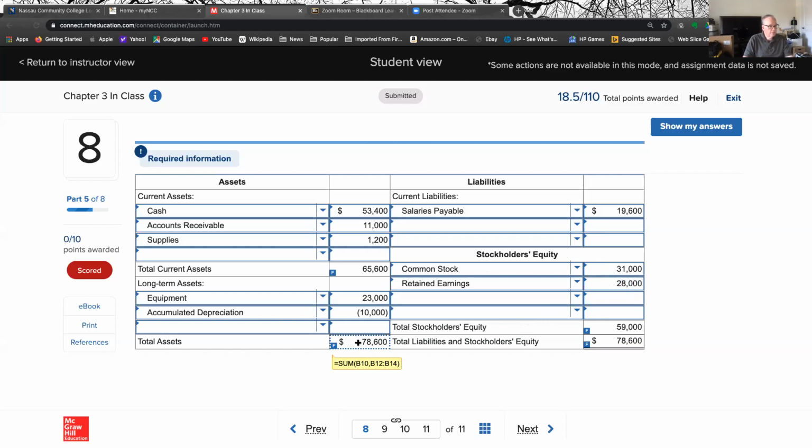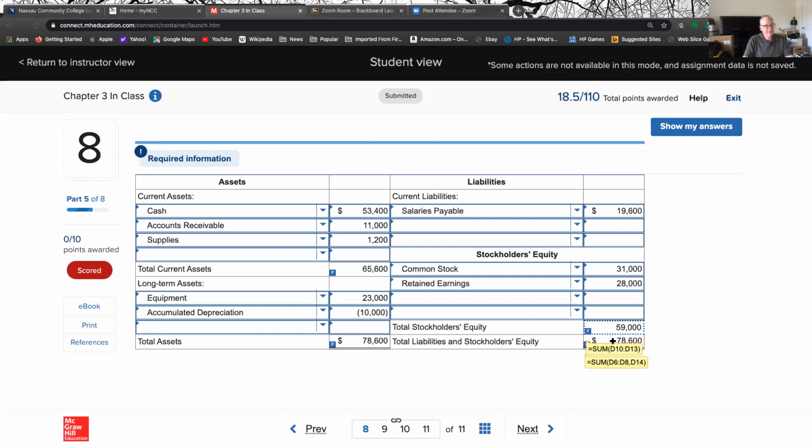Because if this number is 78,600, then that means this number has to be 78,600. And this 78,600 is made up of what? It's made up of this 19,600 and this 59,000.